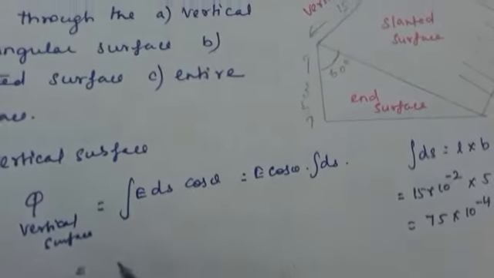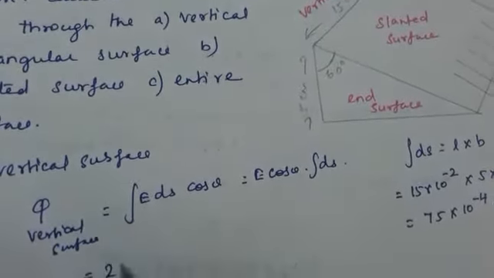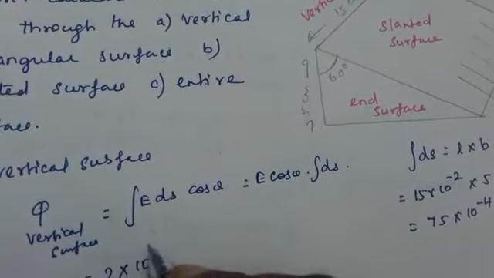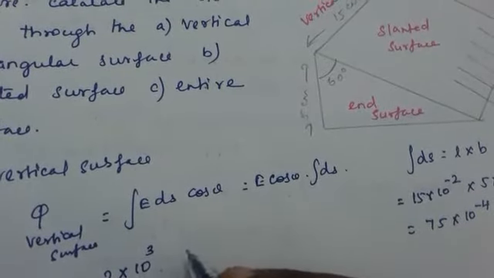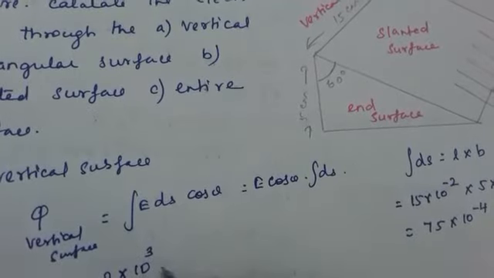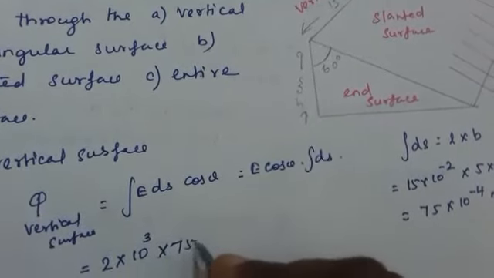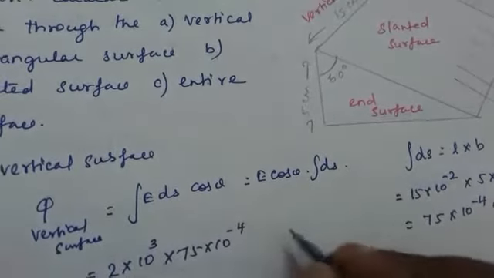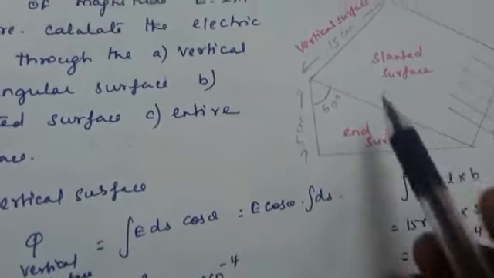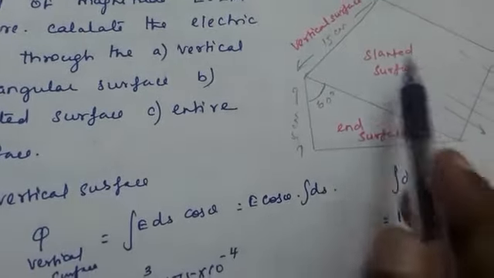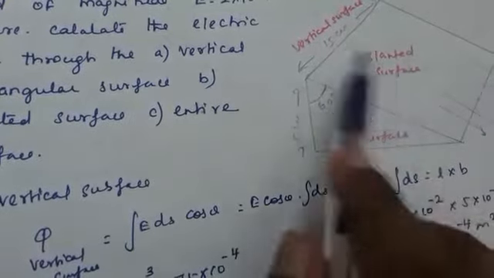Now we will substitute here. E is 2 × 10^3 and ds is 75 × 10^-4. For cos theta, here the electric field lines and the area are parallel with each other.